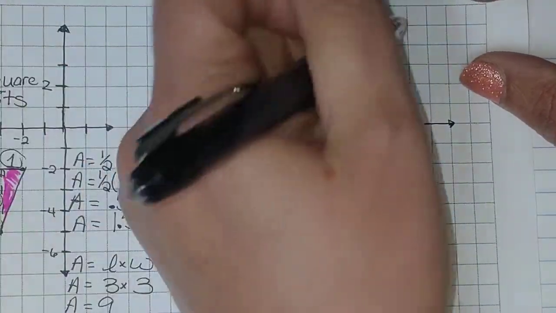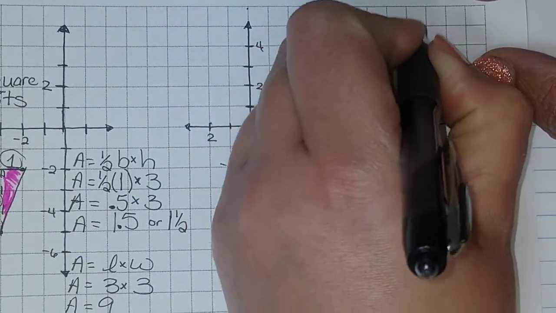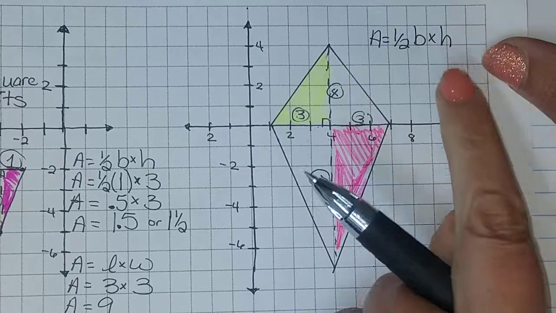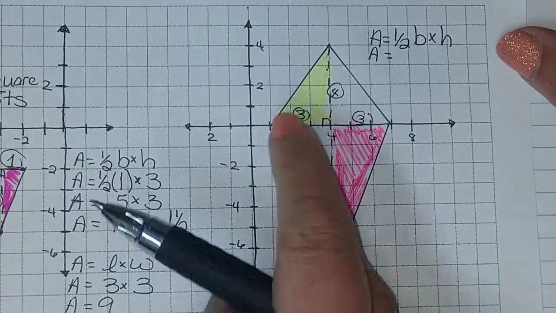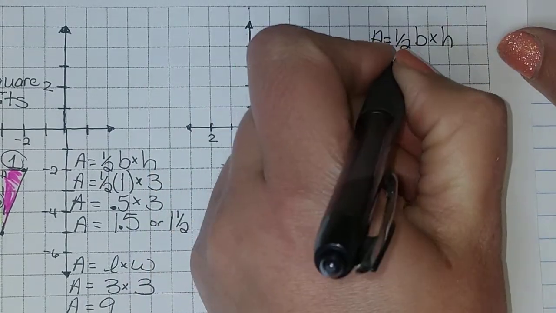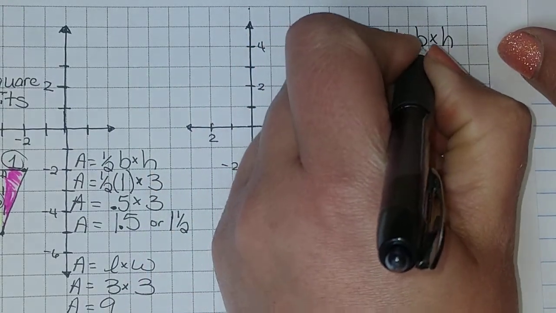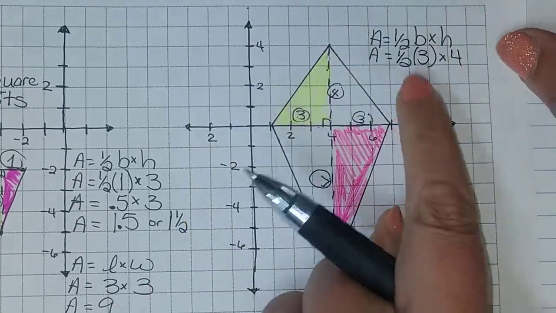Let's look at our yellow triangle. Again, area equals 1/2 base times height. My area is going to equal 1/2 of 3 times the height of 4.